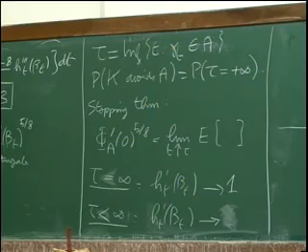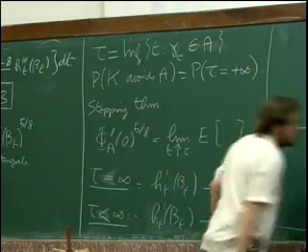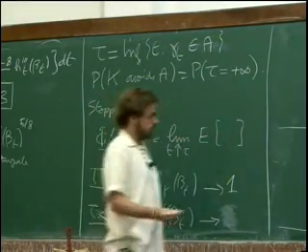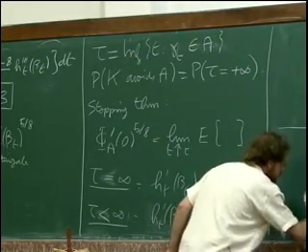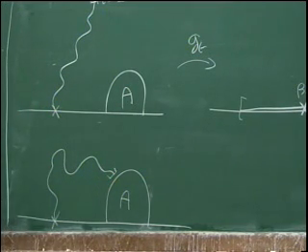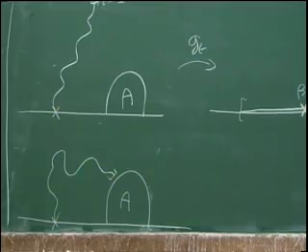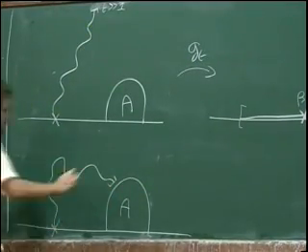Now, what happens if tau is finite? If tau is finite, you start with the same A, start here, and there is a finite time at which you touch A. And I will look at t, which is very close to tau, but a little bit smaller.